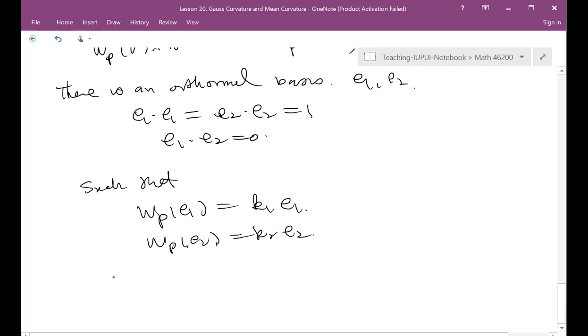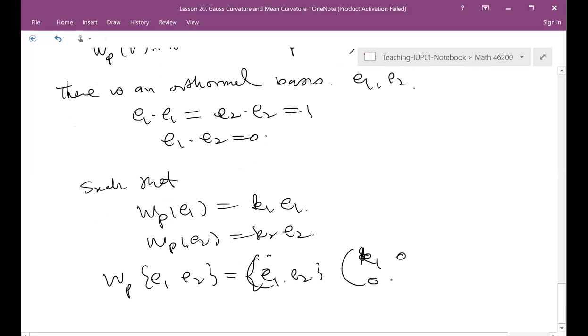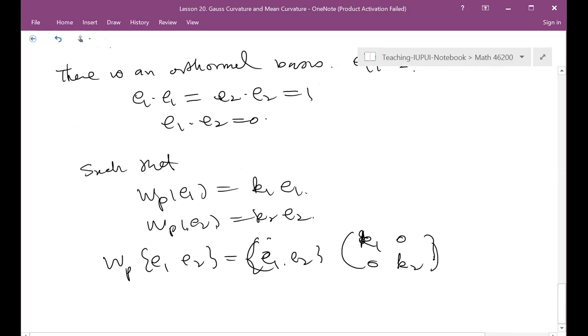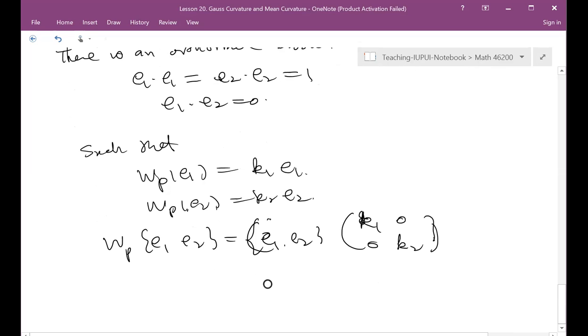In other words, the corresponding matrix is going to be K1, 0, 0, K2. So actually you find an orthogonal basis such that the corresponding matrix is a diagonal matrix.